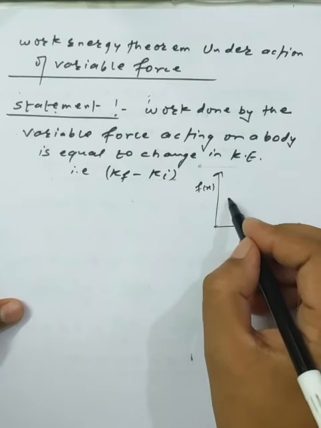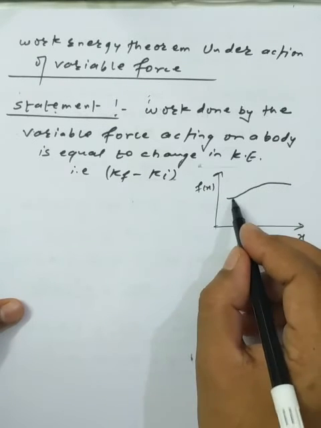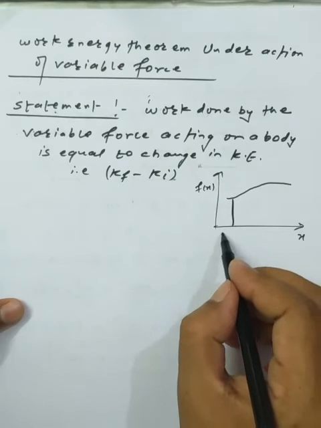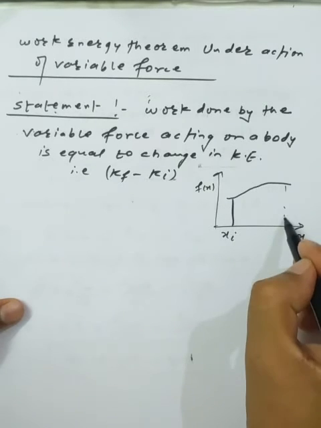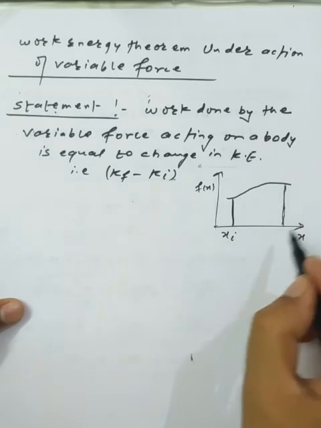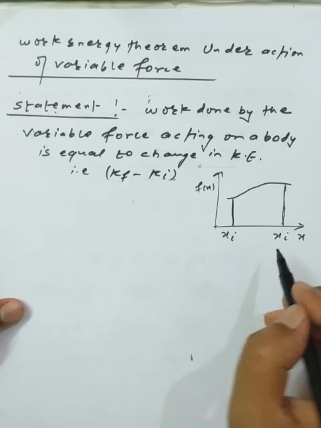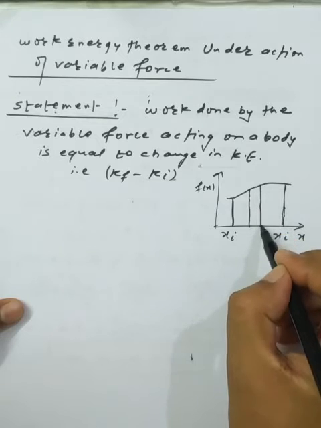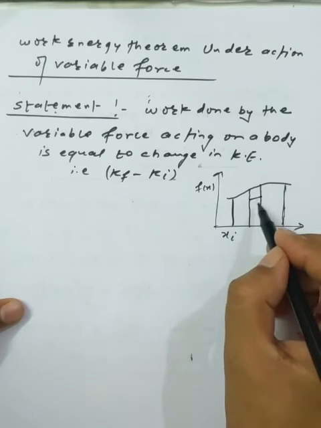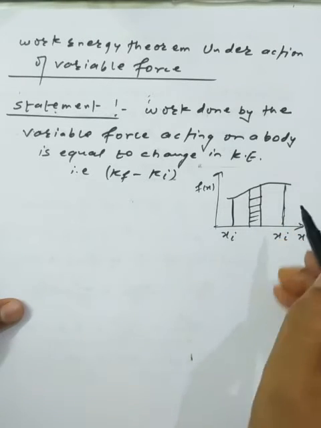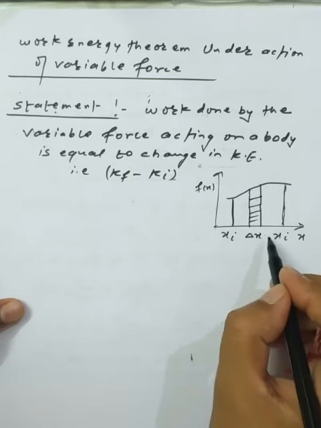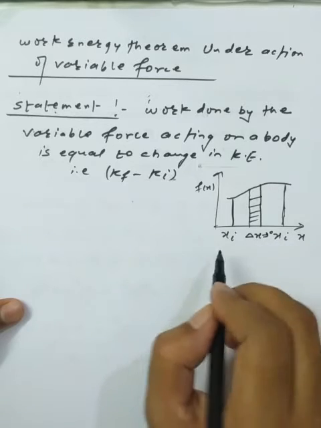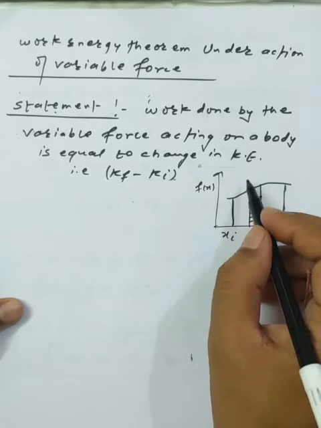We have discussed the change in position from x initial to x final. For the calculation of the work done, we divide the displacement into small strips. We take one strip having a very small width, that is delta x tending to 0, and we apply the integral on it.